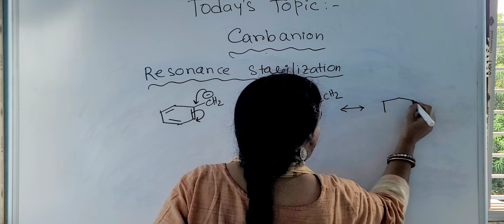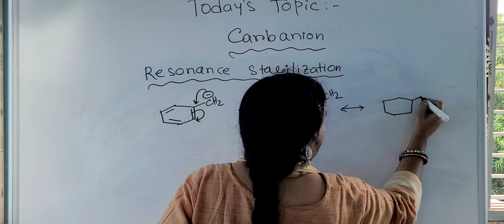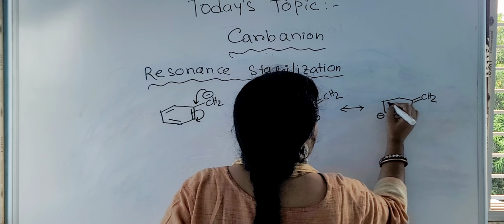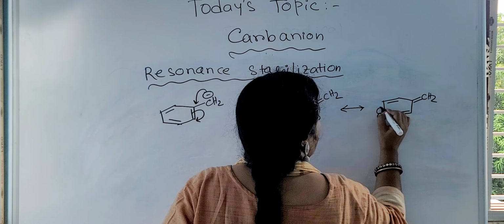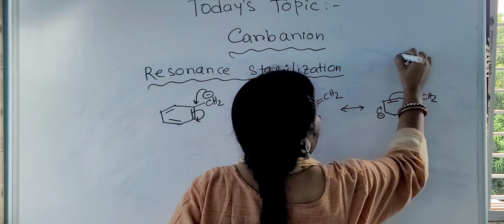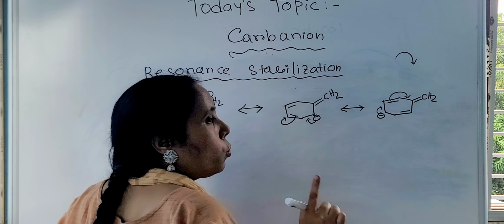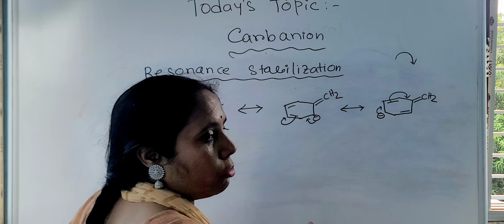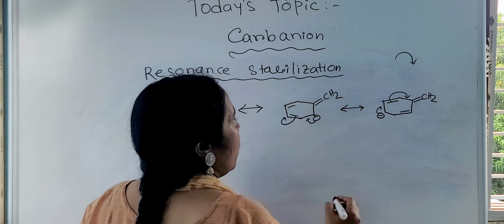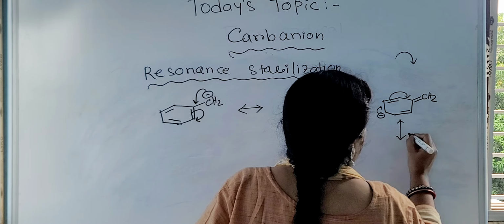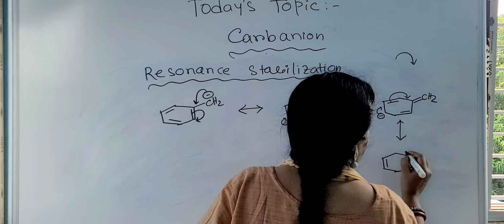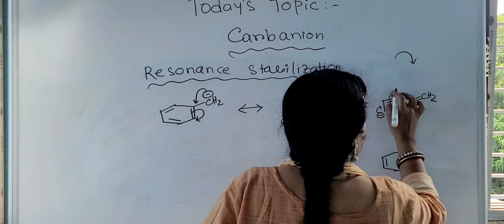Now this one, CH2. Okay. This will go. See here also I am drawing this one. It means two electrons are flowing, not a single electron. A single electron is only involved in the free radical case. Okay. Otherwise you can draw here.